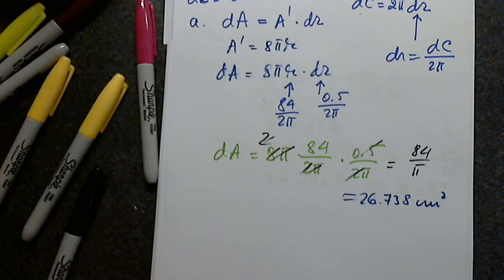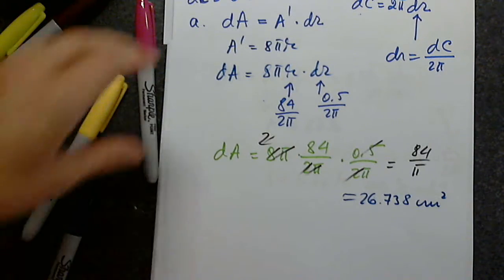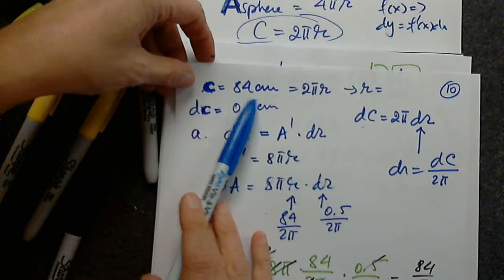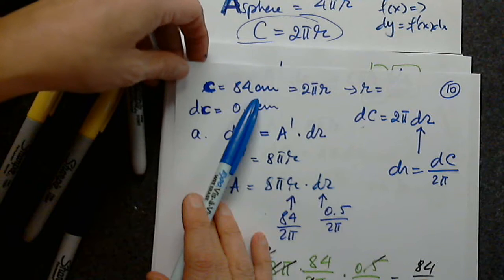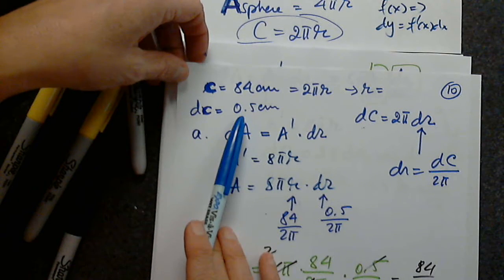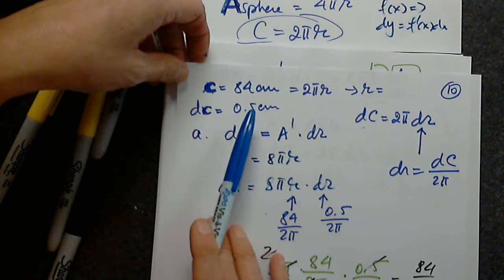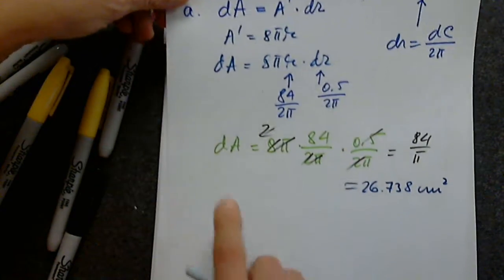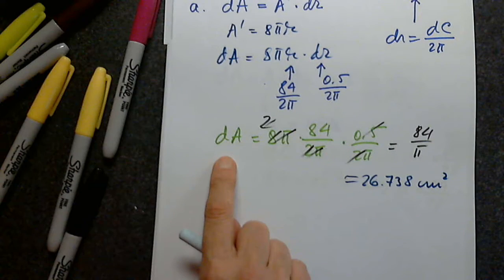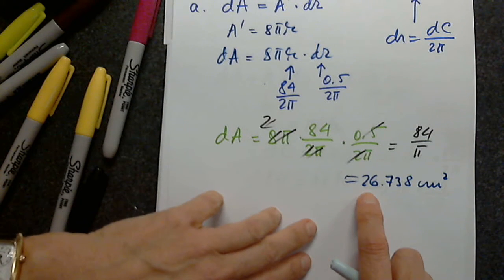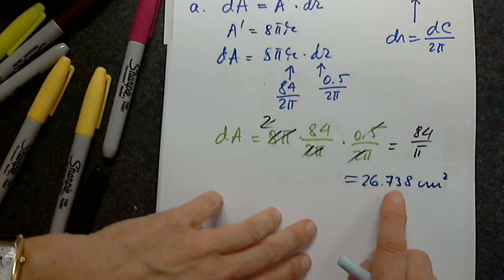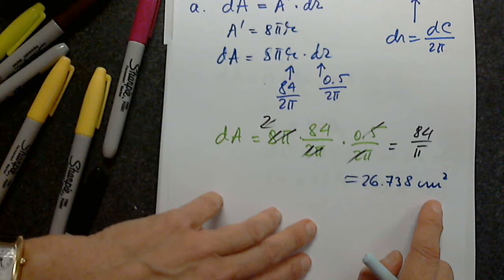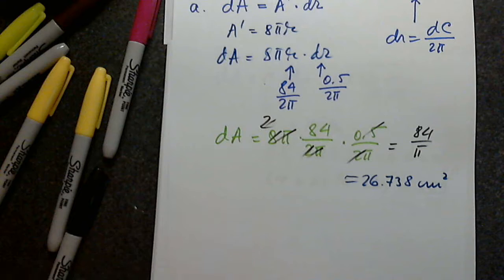Yes. So when the circumference is 84 and there is a minor error of 0.5 in the circumference, that error triggers an estimated error of 26.738 squared centimeters. Any questions?